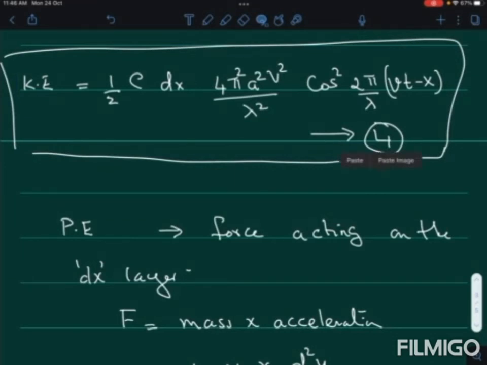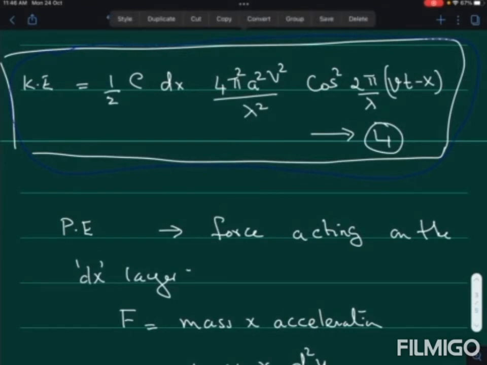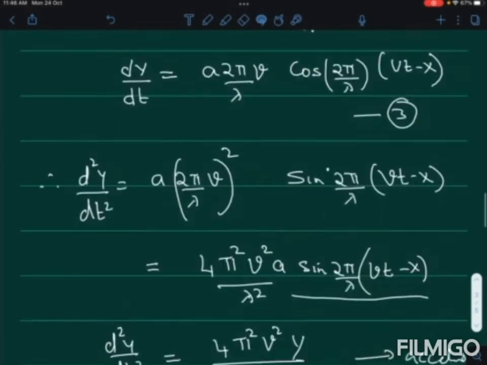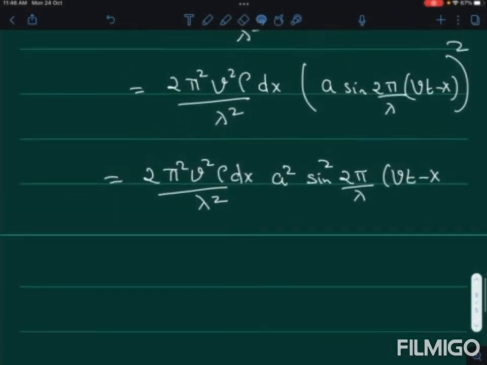I'll just put it here. This is my equation 7.